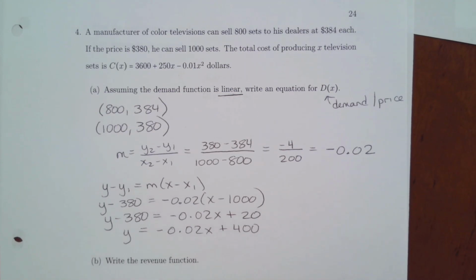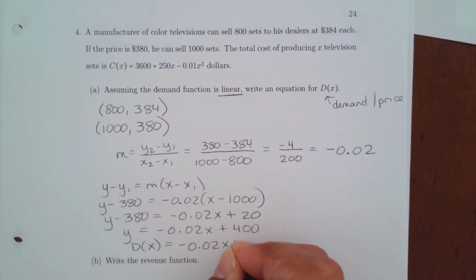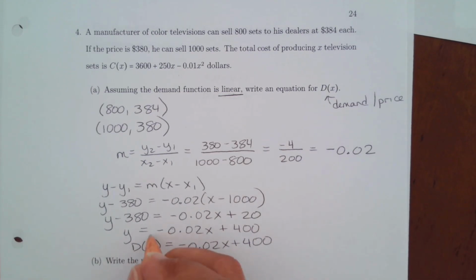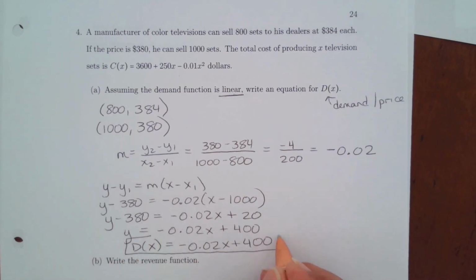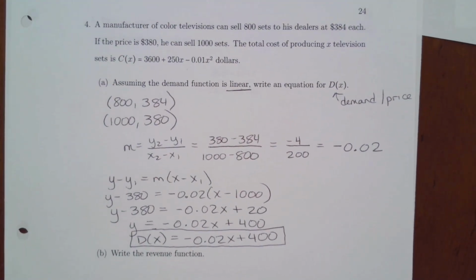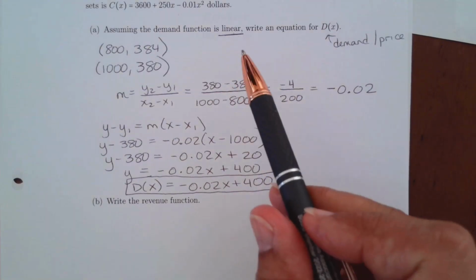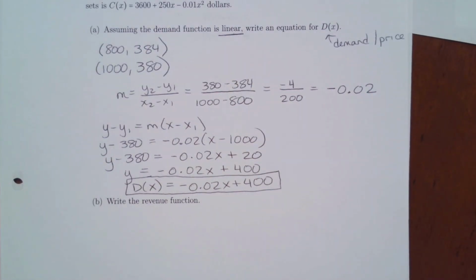And then it just says write the demand function. So we would just write, instead of y, we would write d of x. You're done at that point. You're just writing the notation. So there's the demand function, which remember, that's the price. That's the price of the televisions. Since it's linear, okay, that means there's no fluctuation.